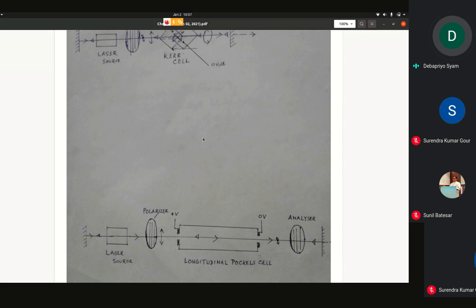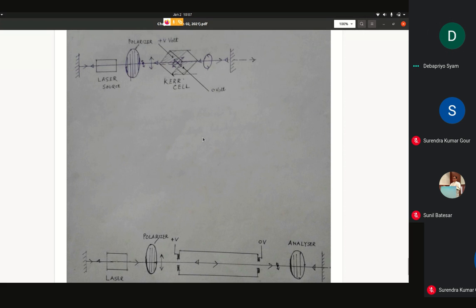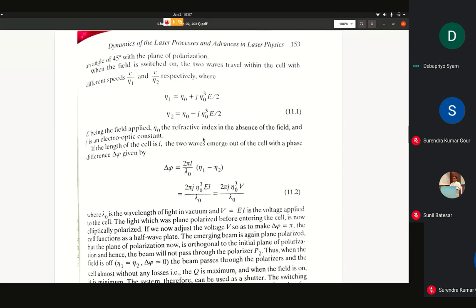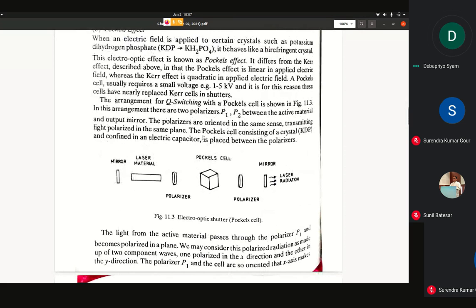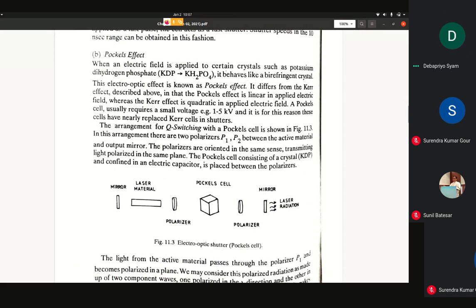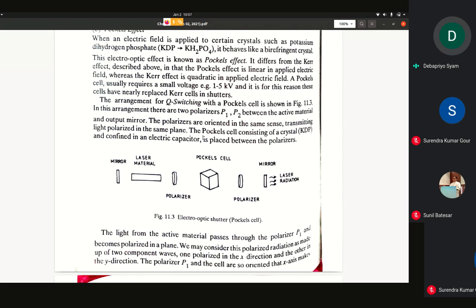So we can go back to the textbook now. So now what happens is that the radiation after passing the focal cell is again linearly polarized, but the direction of polarization is perpendicular to the direction in which it was polarized falling on the focal cell.